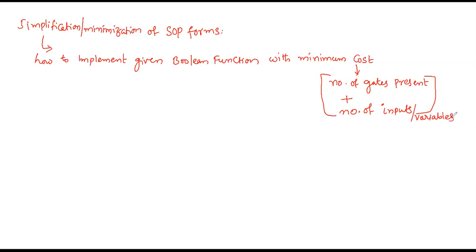Inputs are variable. These two factors will decide the cost. For example, to implement a Boolean function, you needed two input AND gates and three two input OR gates, and this function having three inputs or three variables.